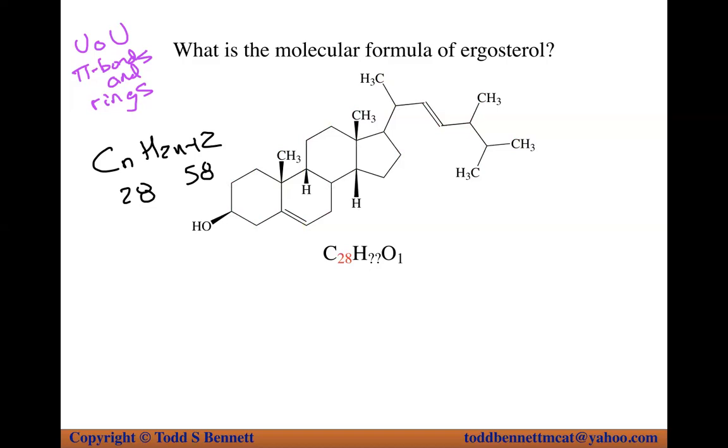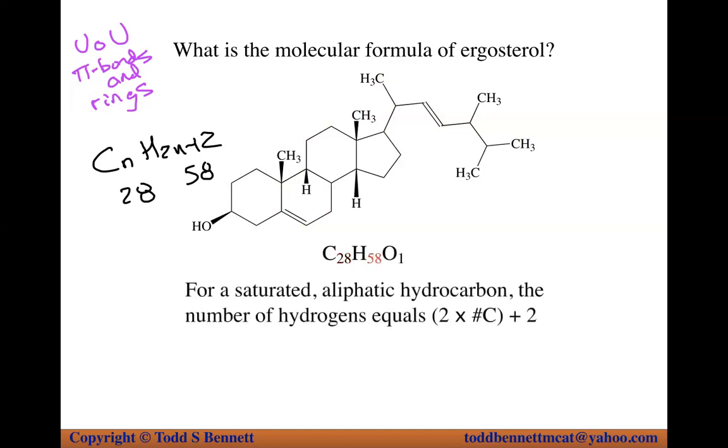That would work out, except it can't be 58 because it is not a saturated hydrocarbon. The OH isn't going to make a difference, though, so we'll worry about that as we get into this calculation. But units of unsaturation do matter. If you recall, to get rid of a pi bond, it was going to take 2 H's, so we called it a deficiency of 2 H's.